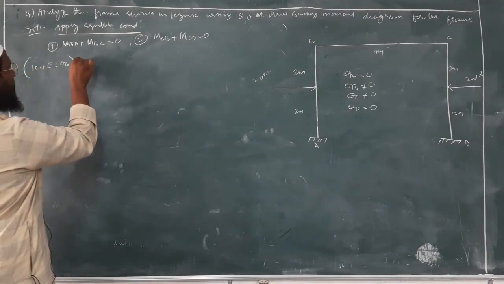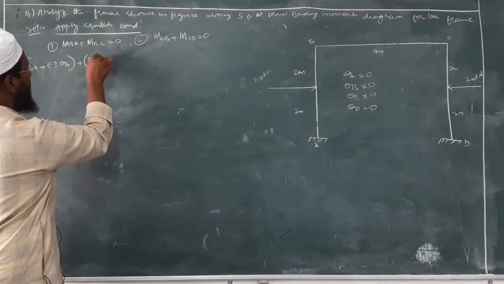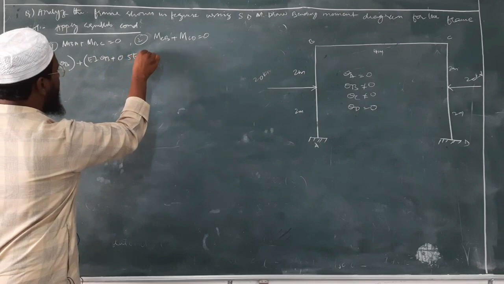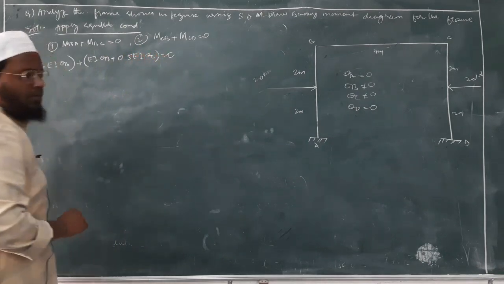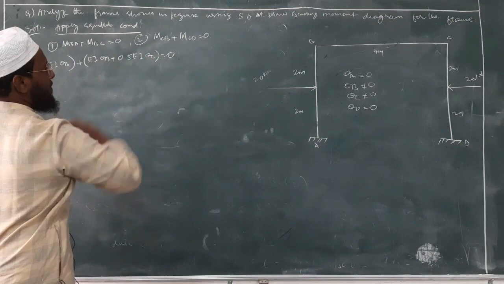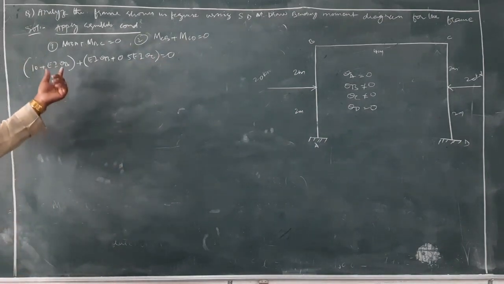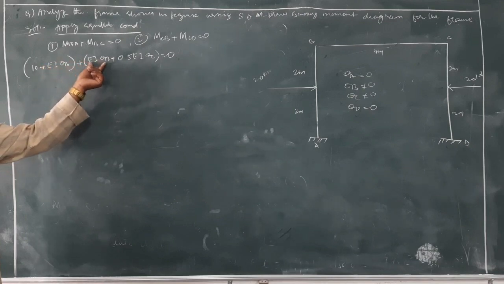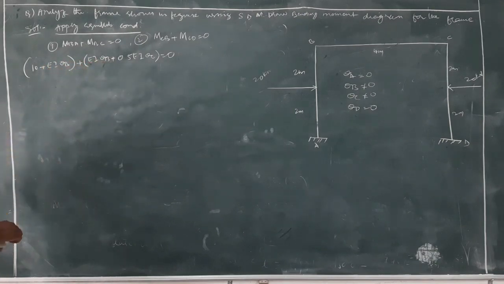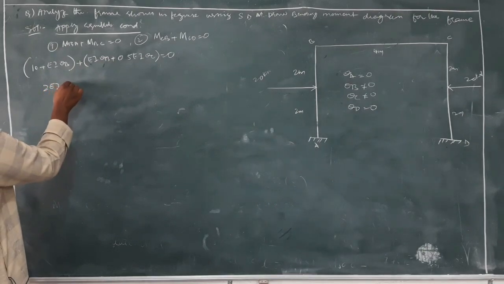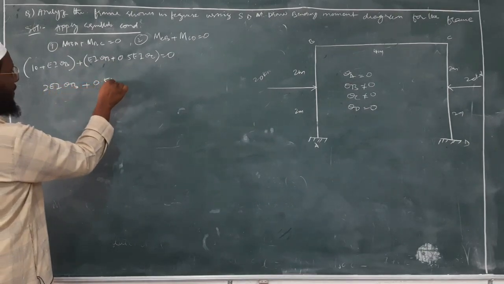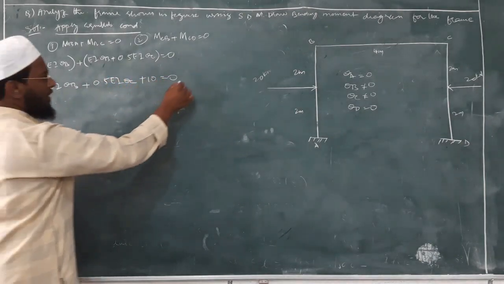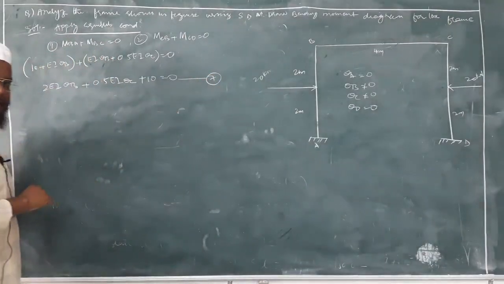Then what about MBC? EI theta B plus 0.5 EI theta C is equal to 0. So first take down the values of EI theta B. Here we have EI theta B, here also we have EI theta B. So 2 EI theta B plus 0.5 EI theta C. Then we have plus 10 is equal to 0. Call this as equation number 7, right?